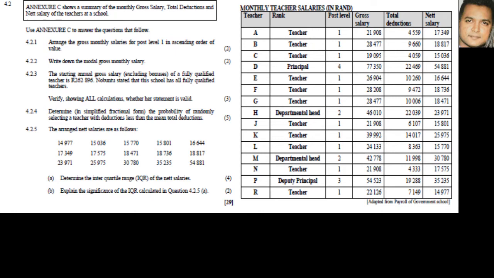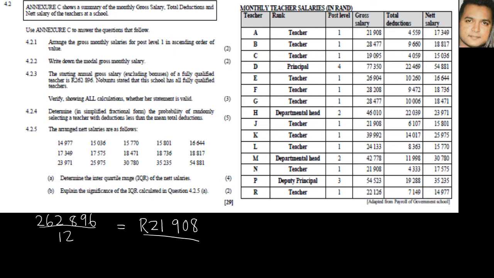So we take the annual amount which they spoke of in the question, which is 262,896, and we'll divide this by 12, and then we'll get a monthly amount. Now the monthly amount is 21,908. So this means that for a person to be qualified, they would earn an amount of 21,908.